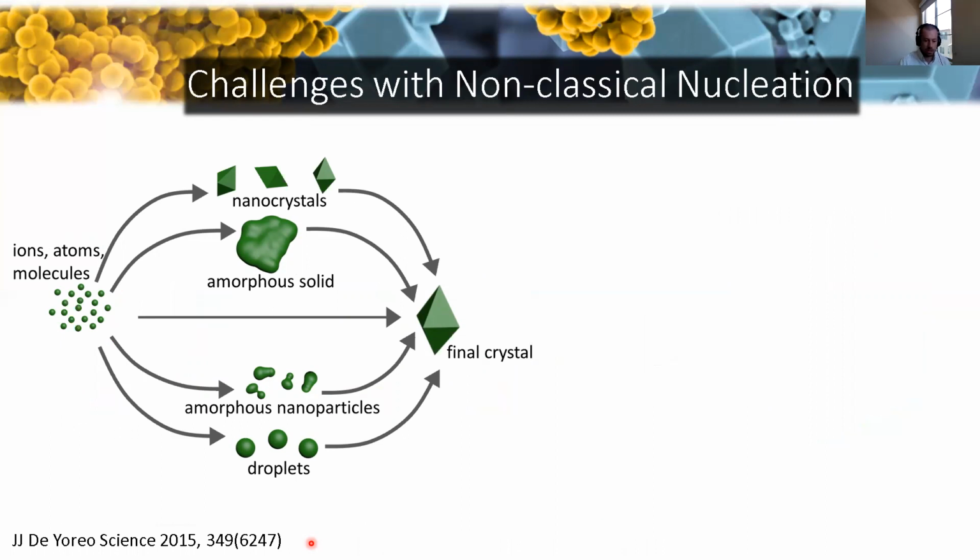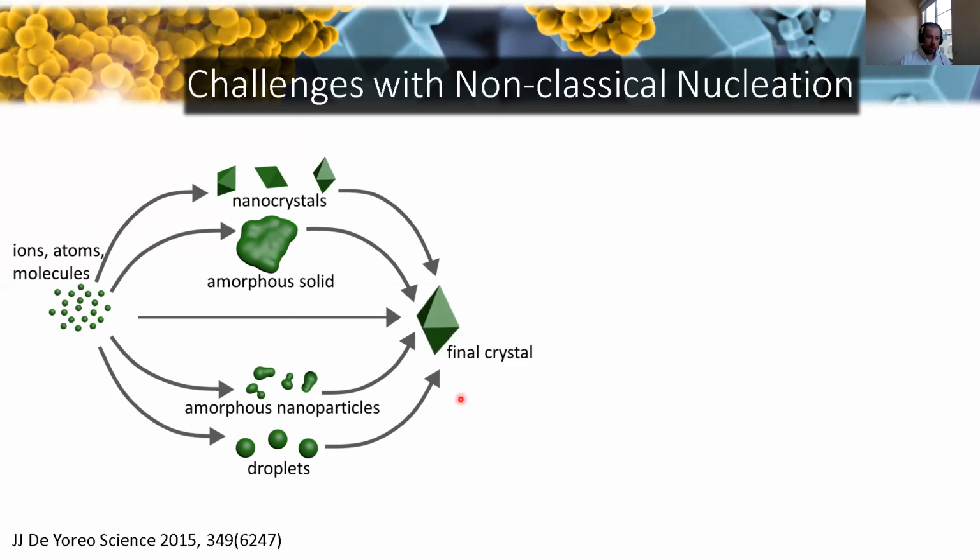It's not so surprising. And it's really worth highlighting that these non-classical nucleation mechanisms have been really widely studied. This is probably my favorite review paper on the topic. If you're interested, I would definitely recommend going to read it. And so what is really well known for these systems is that the mechanism by which you go from your precursor ions or atoms to your final crystal can be through many different types of pathways.